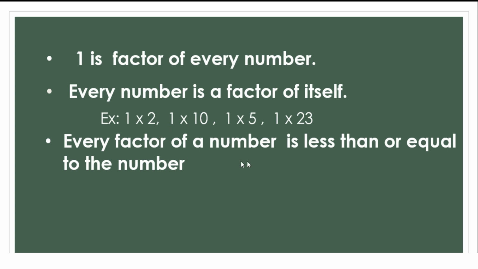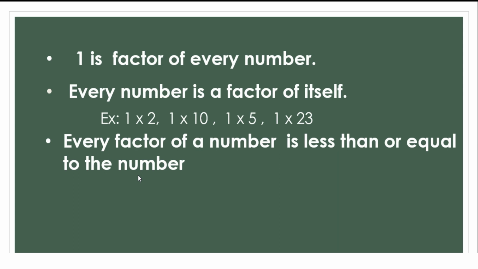Next, every factor of a number is less than or equal to the number. So the number of factors we are finding, no? That's what is mentioned here. For 12 we found that there are 6 numbers which are exact divisors of 12.